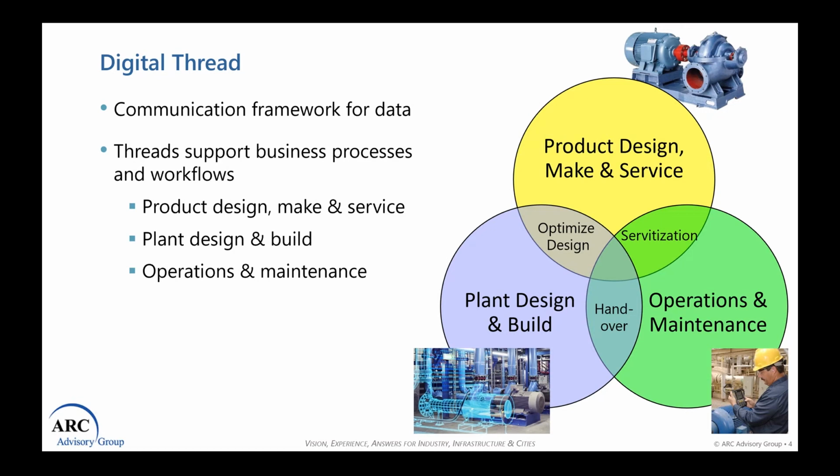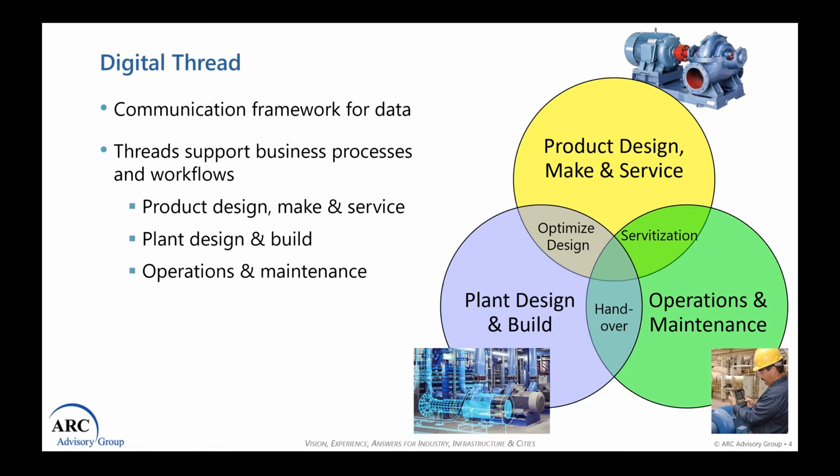And this is kind of a two-way street. Not only are the OEMs giving the plant design people information to make their designs higher quality and faster, they can also feed back to the OEM information to make better equipment, as an example.